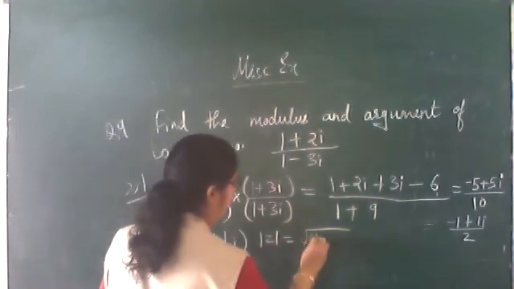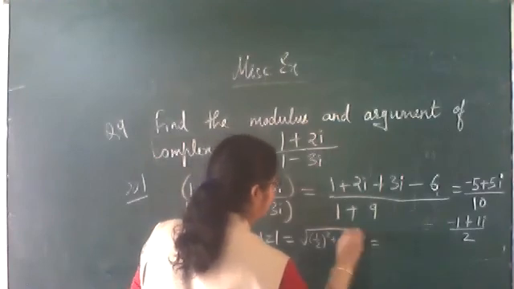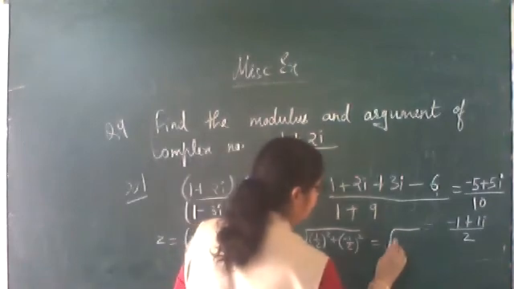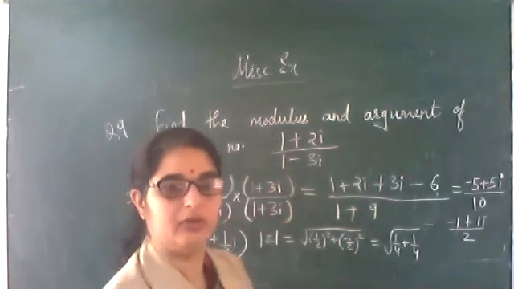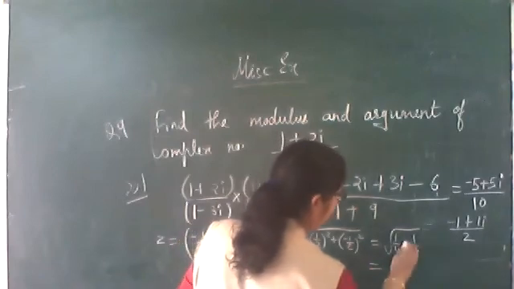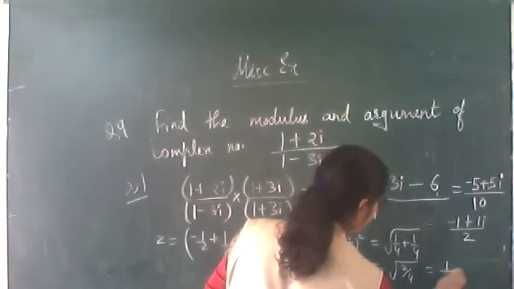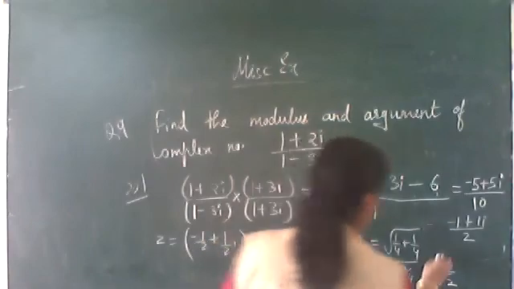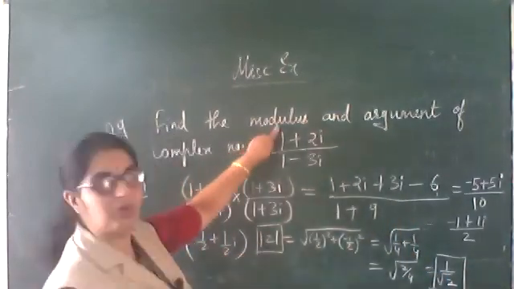So (1 by 2) square plus (minus 1 by 2) square, that is 1 by 4 plus 1 by 4, which is 2 by 4. Root of 2 upon 4 is equal to 1 upon root 2. So 1 upon root 2 is the modulus of z.